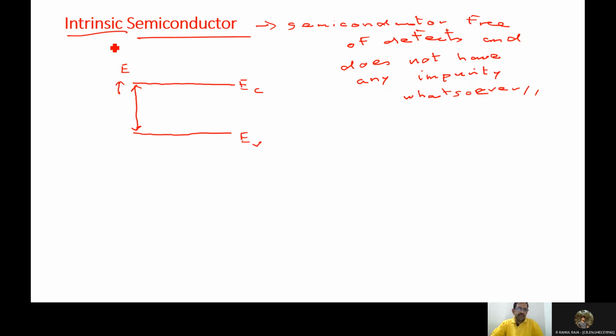Obviously, intrinsic means coming from within, and at T equal to 0, the valence band is completely filled and the conduction band is completely empty. The intrinsic semiconductor behaves like at T equal to 0 Kelvin.